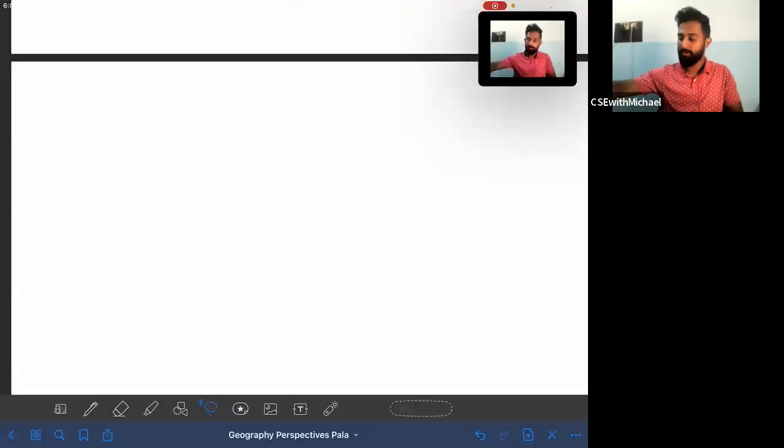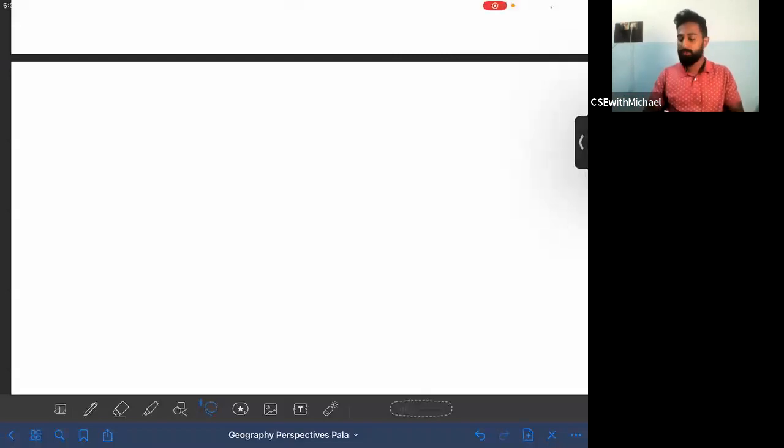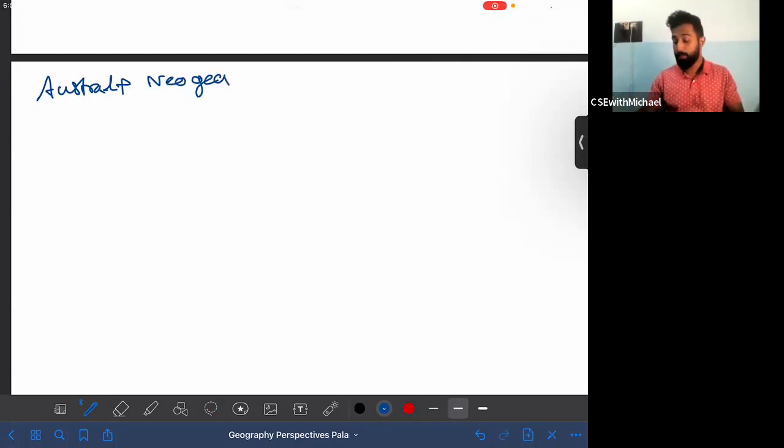We predominantly looked into a few regions, which are the Austral plus Neogia, or the Neotropical region of South America. These are the two regions which we focused on more, and we also looked into the other regions in a few details. So that is the thing that you have to remember in this case.